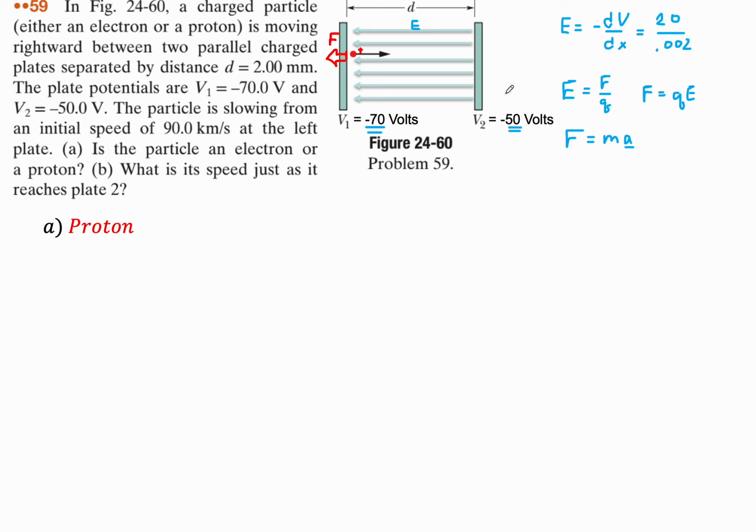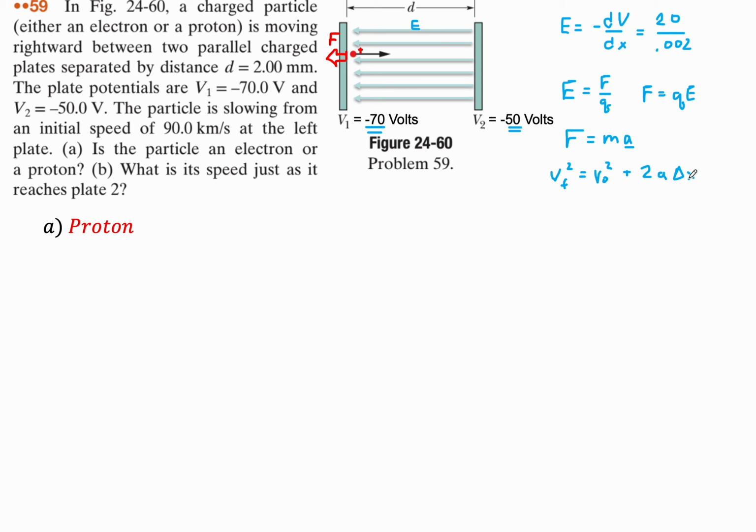And then finally, because you know the distance, you could do V final squared equals V initial squared plus 2a delta x, and calculate the final velocity. That would work perfectly well and would get you the right answer.